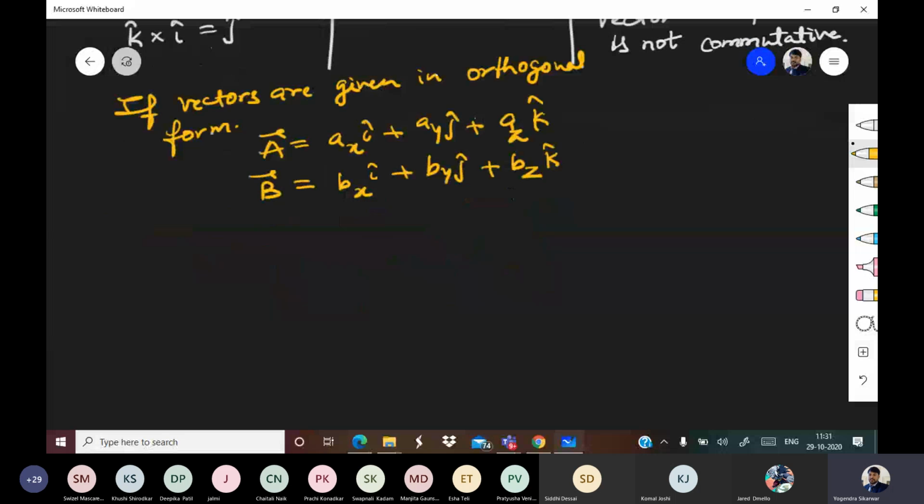So A vector cross B vector will be, first of all, you need to draw two parallel lines like this. Then you need to write i, j, k.